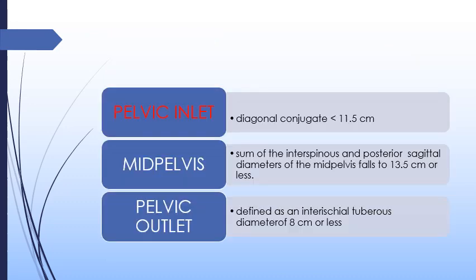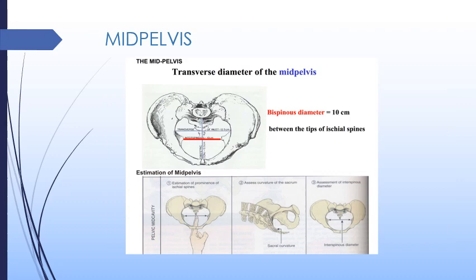Therefore, inlet contraction usually is defined as a diagonal conjugate less than 11.5 centimeters. The obstetrical plane of the mid-pelvis extends from the inferior margin of the symphysis pubis through the ischial spines and touches the sacrum near the junction of the fourth and fifth vertebrae.